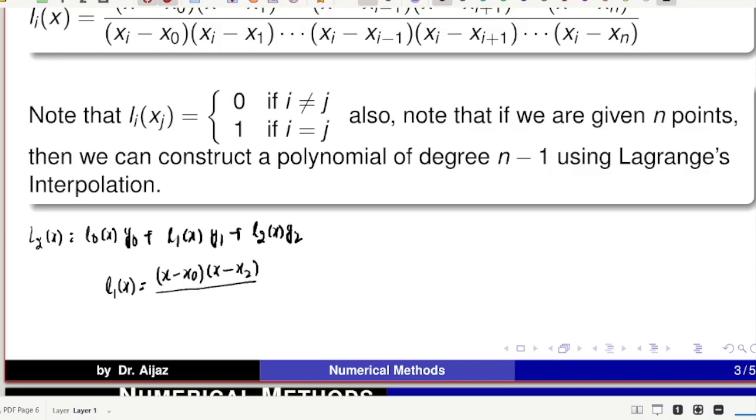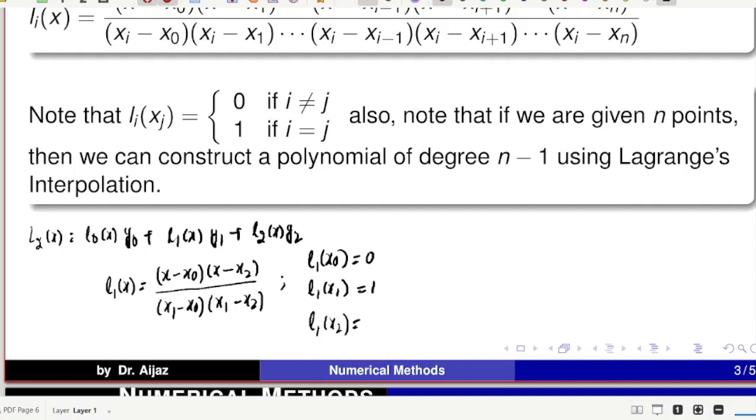Now for the denominator we just replace this x by x1, so it's x1 minus x0 into x1 minus x2. Now we can easily see that L1 of x0, we will get x0 minus x0 here, x0 minus x2 here, so this will be equal to 0 because x0 minus x0 will be here. Similarly L1 of x1, now this will be x1 minus x0, which will be cancelled with the denominator. Here we will get x1 minus x2, again cancelled with the denominator, so this will be equal to 1.